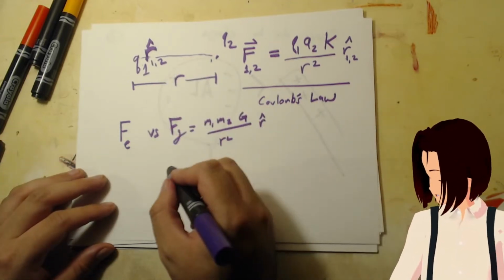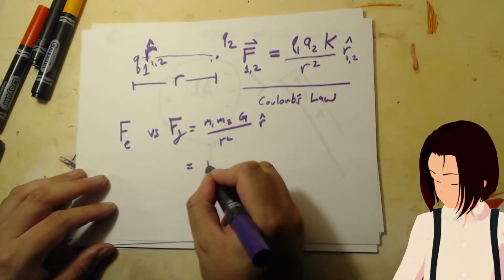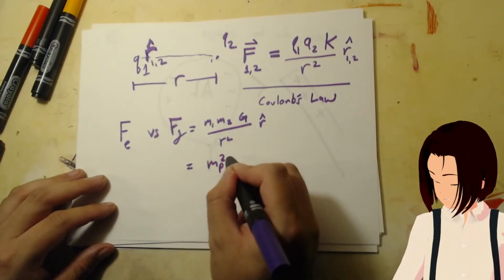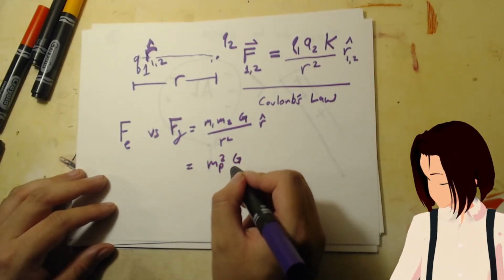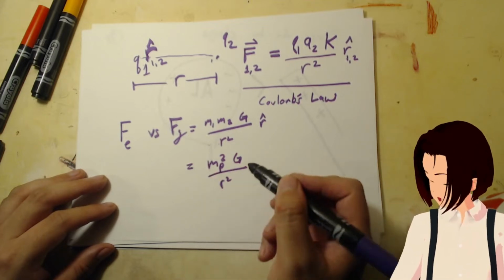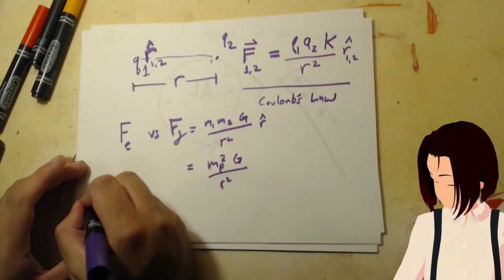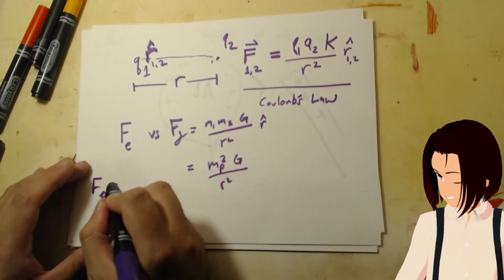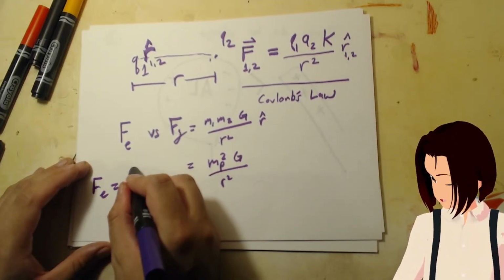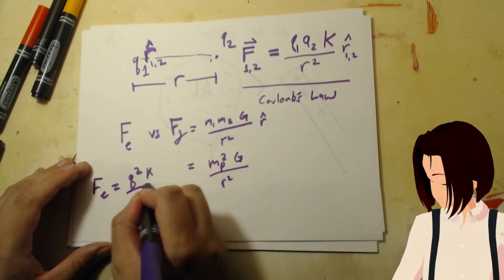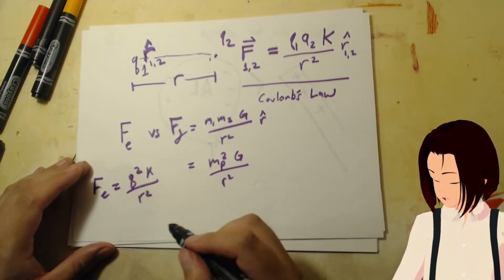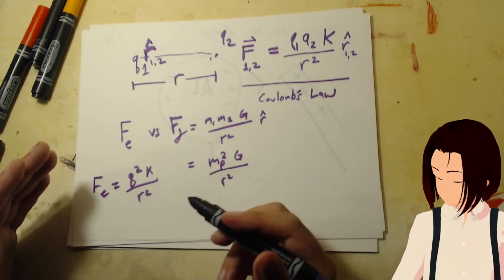So we know F_G is equal to the mass of the proton squared times the constant over r squared. And we know F_E is the charge squared times a constant. So now let's divide.